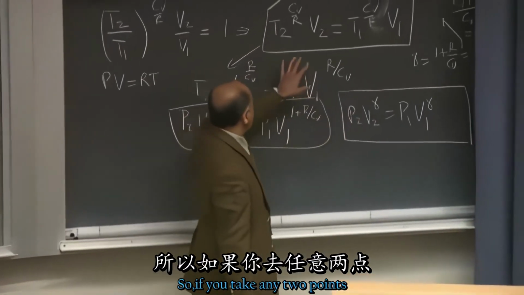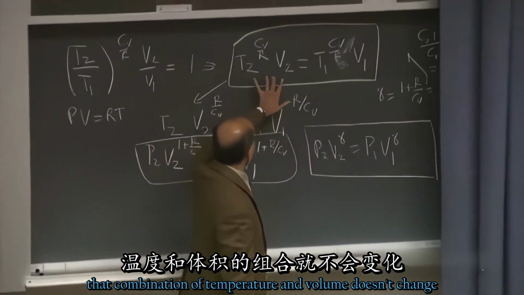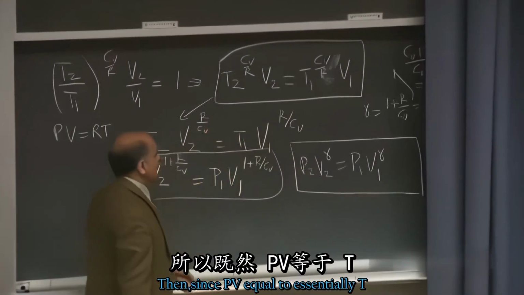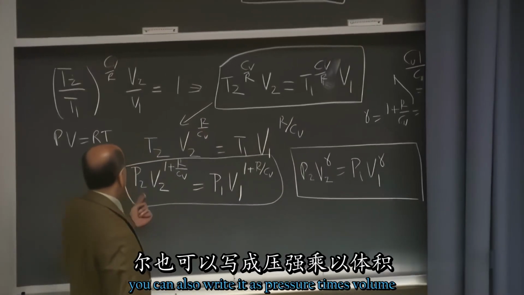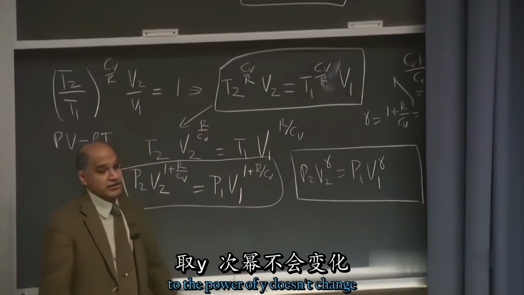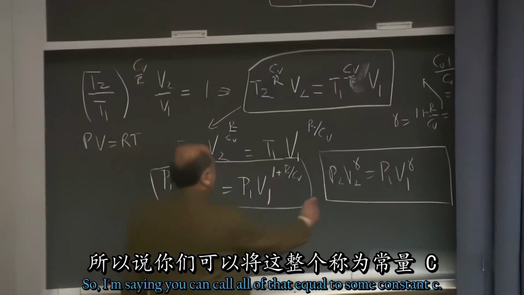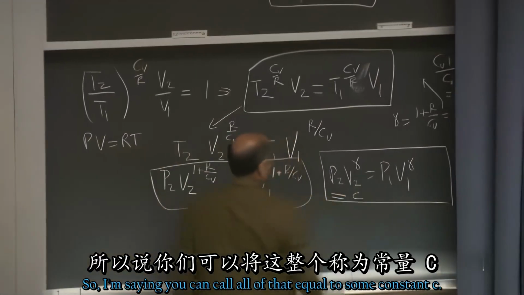So if you take any 2 points, that combination of temperature and volume doesn't change. Then since PV is essentially T, you can also write it as pressure times volume to the power gamma doesn't change. So you can call all of that equal to some constant C.